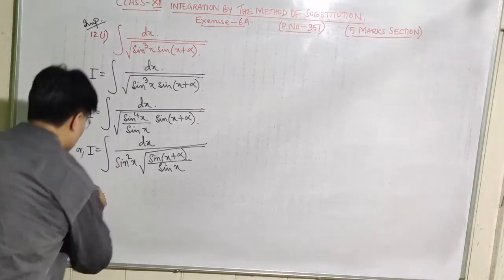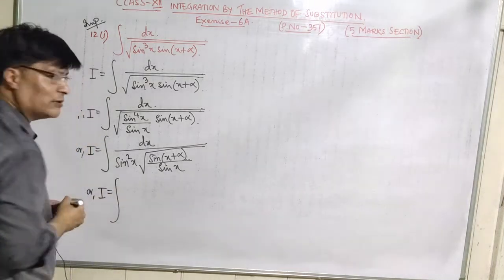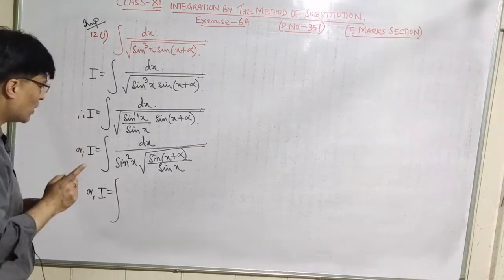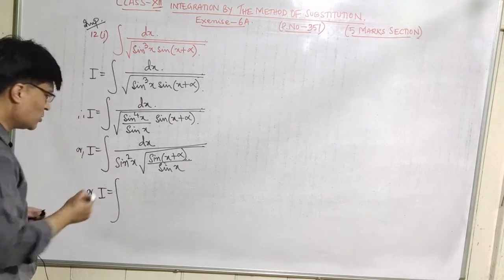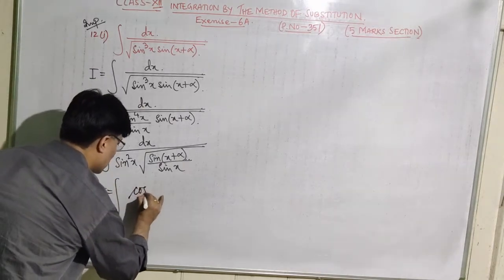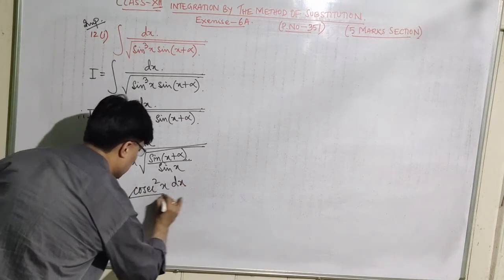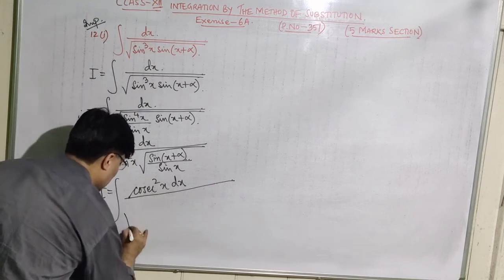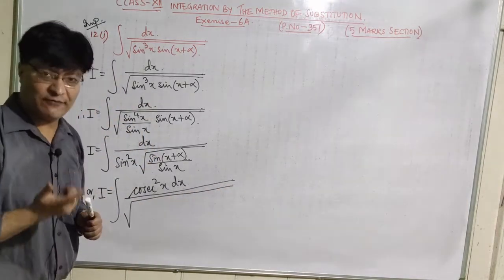Okay, so now next, I is equal to integration of. So what will you do now in the next step? This is 1 by sine square x. What is 1 by sine square x? You know that this is cosec square x dx divided by, in the denominator, and within the square root you have to simplify it.